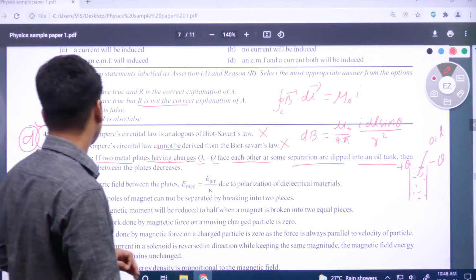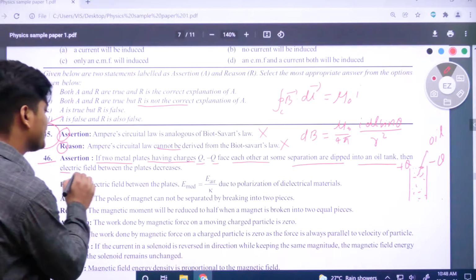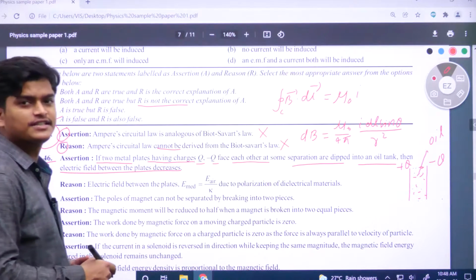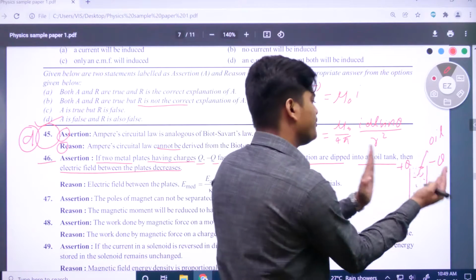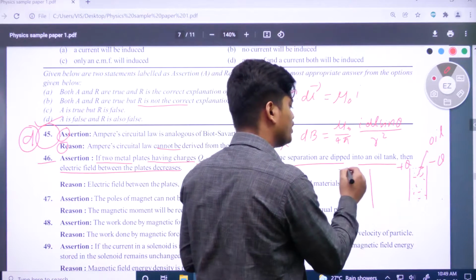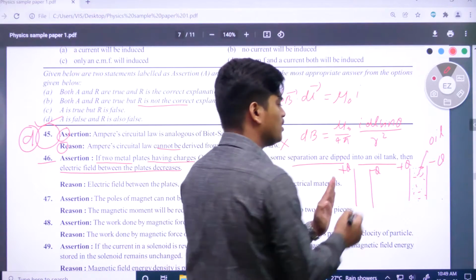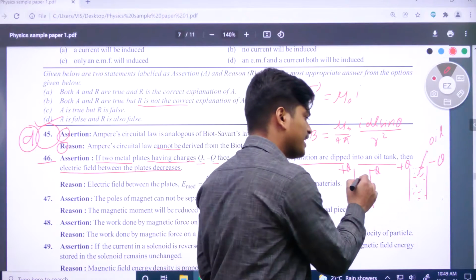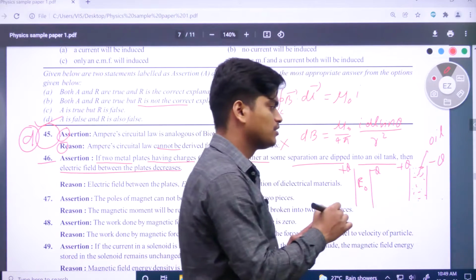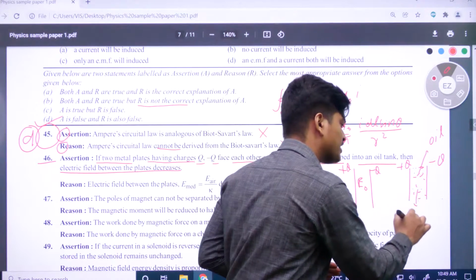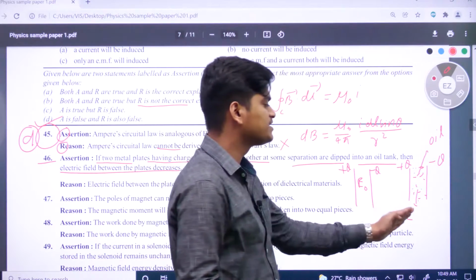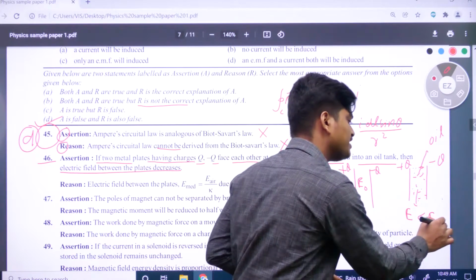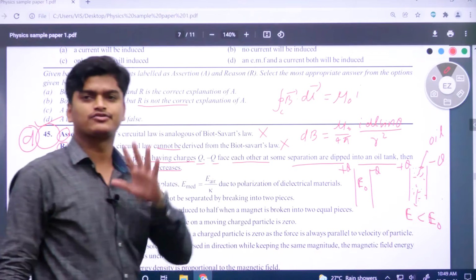If a medium is inside the capacitor, they are telling that the electric field between the plates decreases. That means whatever the electric field was previously, when you did not insert any oil, suppose it is E naught. Now suppose the electric field is E. They are telling this electric field will be less than E naught. It is correct actually.